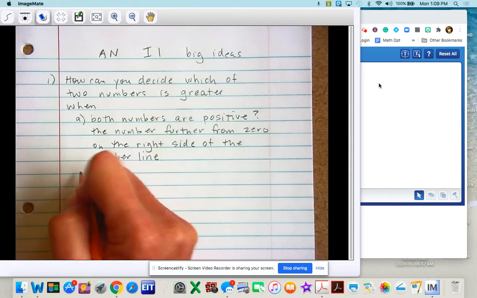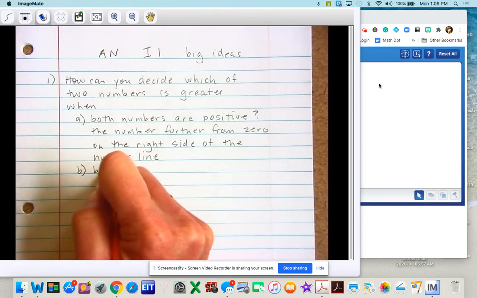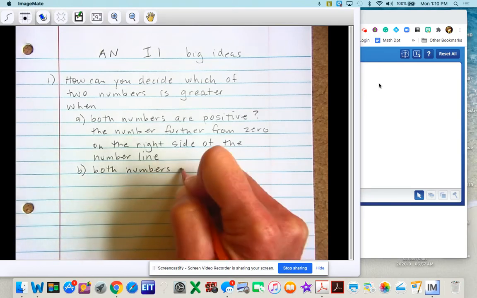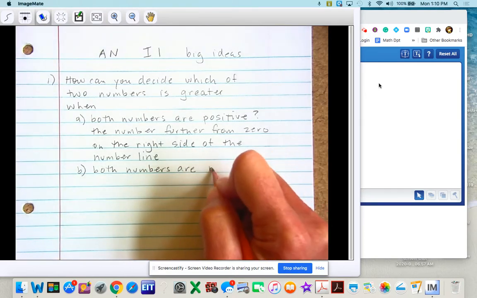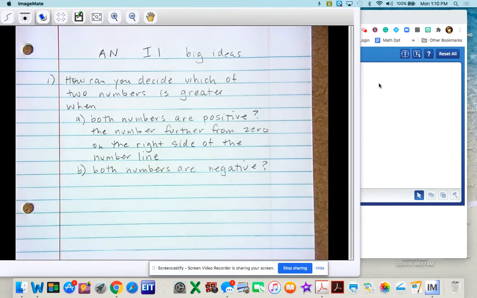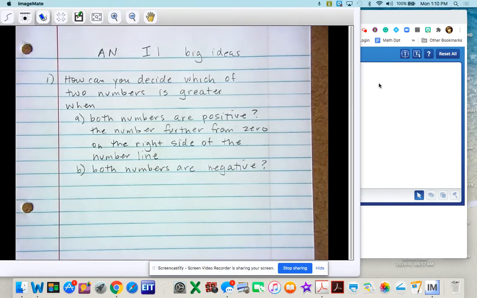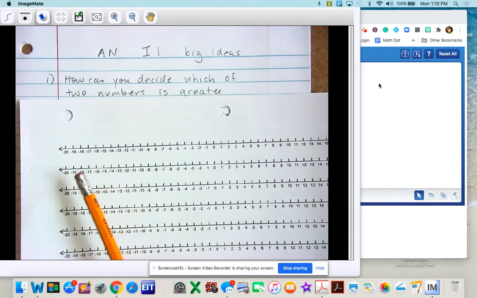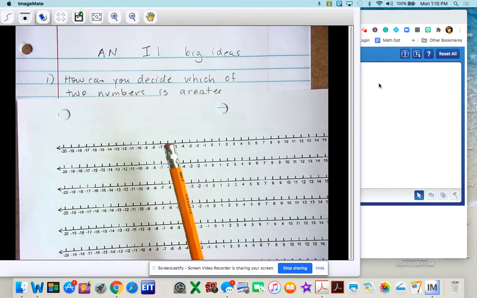What if both numbers are negative? So I'm looking at two negative numbers. They would both be on the same side of zero. So back here, which one would be the greater one?